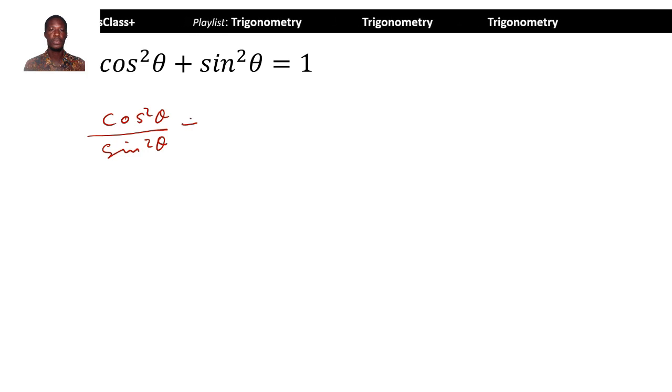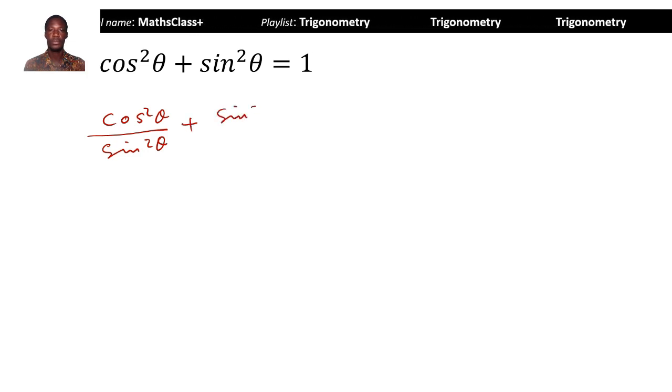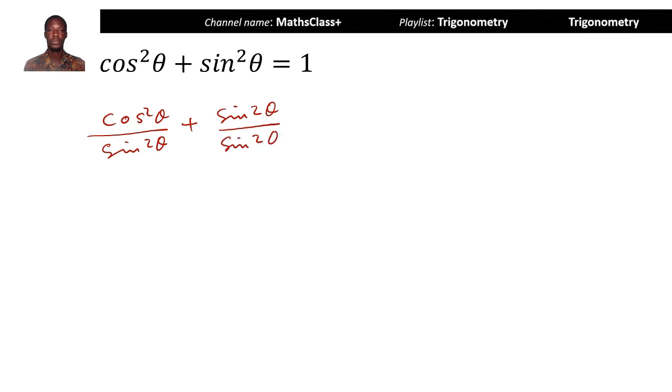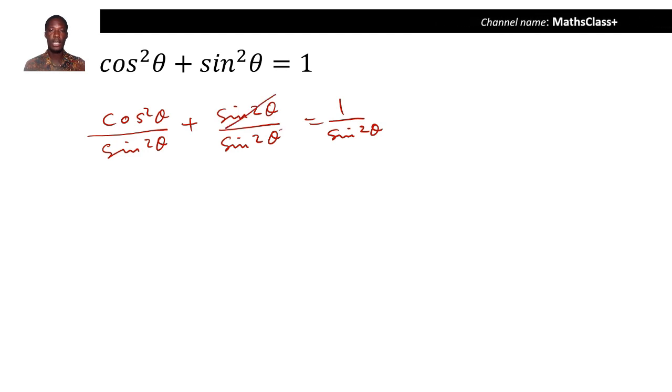We will continue. This time we are going to divide through by sine squared theta. So we have it like this. Sine squared theta cancels sine squared theta, that gives us 1.